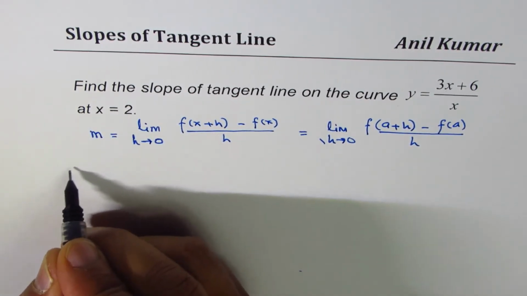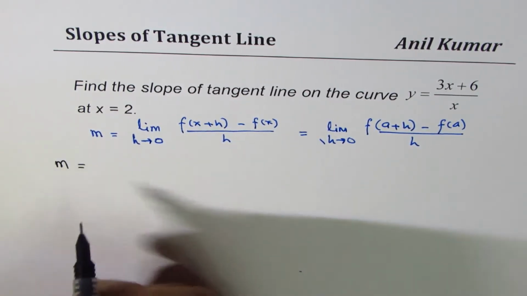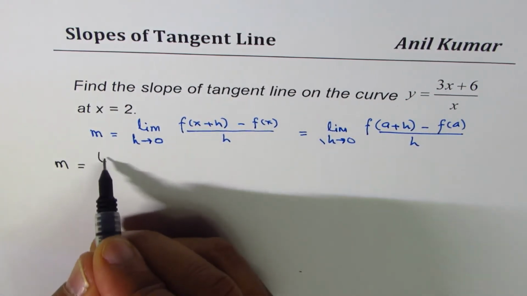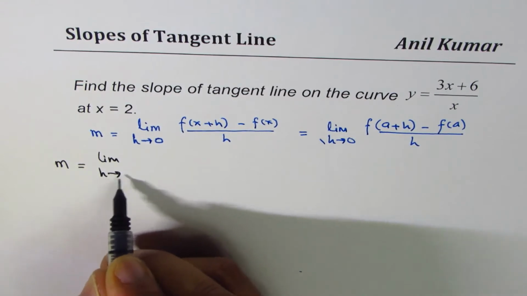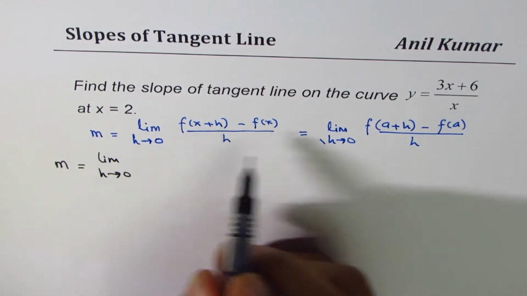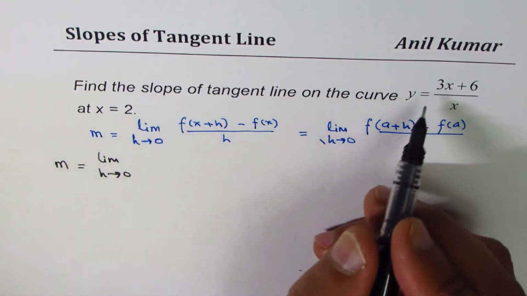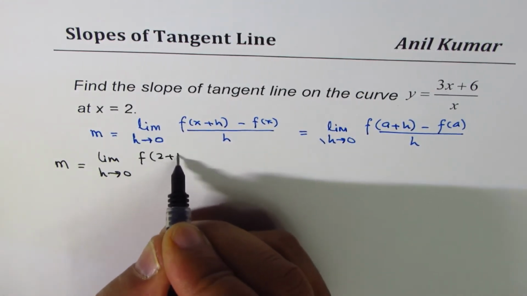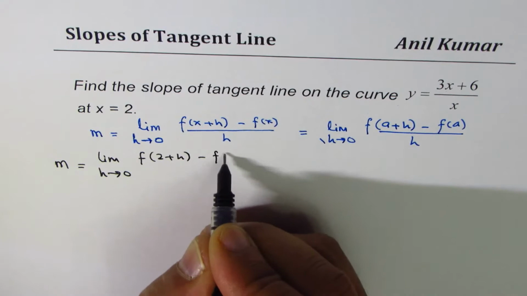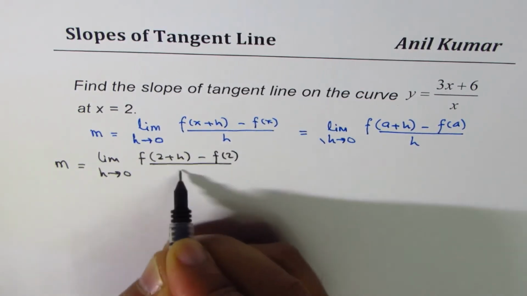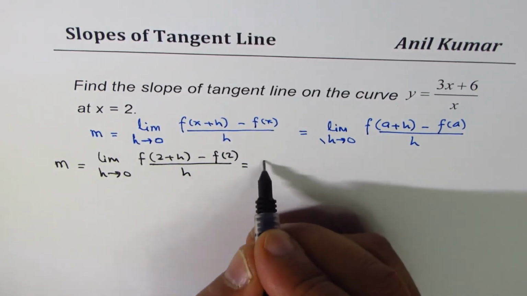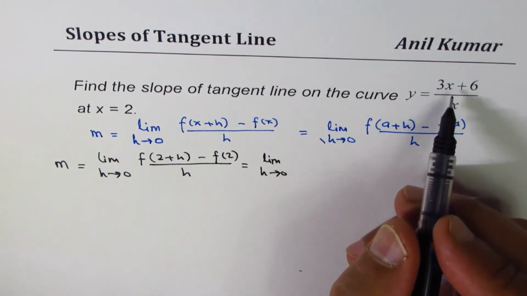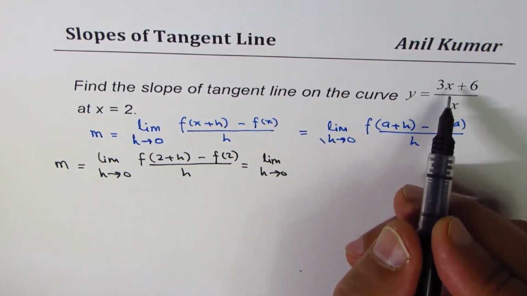So in our case, we'll write the slope m will be equal to the limit as h approaches 0. Here f of a is f of 2, so let me rewrite this first: f(2 + h) minus f(2) over h. So then we get limit h approaches 0. 2 plus h means replace x by 2 plus h.